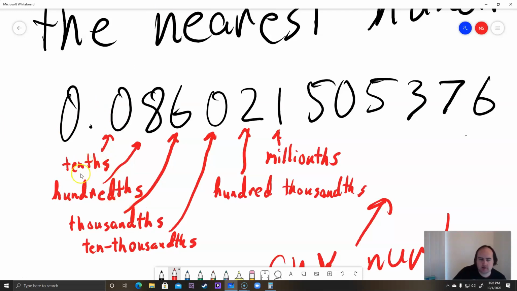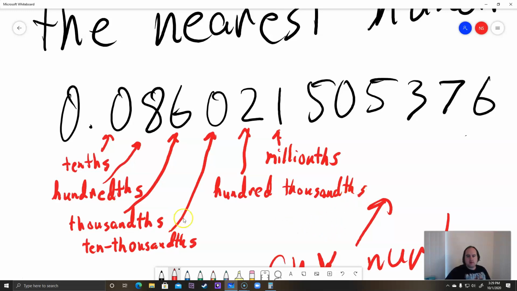So it's tenths, hundredths, thousandths, 10,000ths, 100,000ths, millionths, and then I think you can imagine the rest: 10 millionths, 100 millionths, billionths, 10 billionths, 100 billionths, trillionths, and so forth. But we won't need to go that far here.